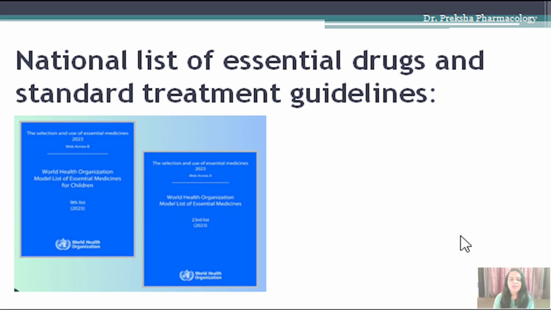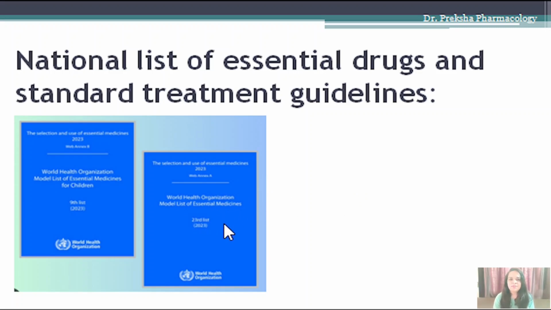Now coming to the national list of essential drugs and standard treatment guidelines, which are also published by each government. Here you can see the WHO, which has published the World Health Organization model list of essential medicines for children, and here you can see the World Health Organization model list of essential medicines.